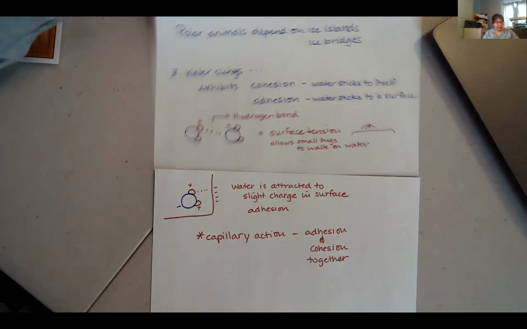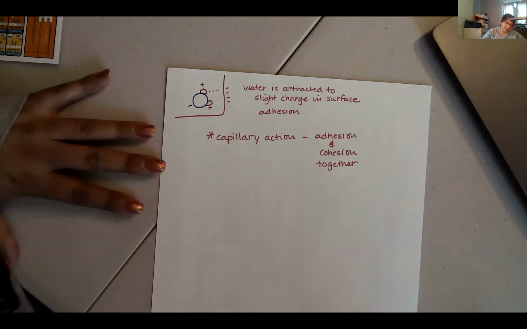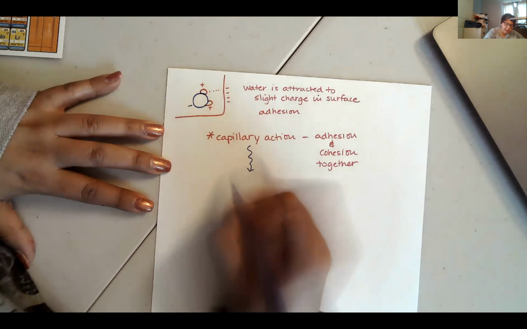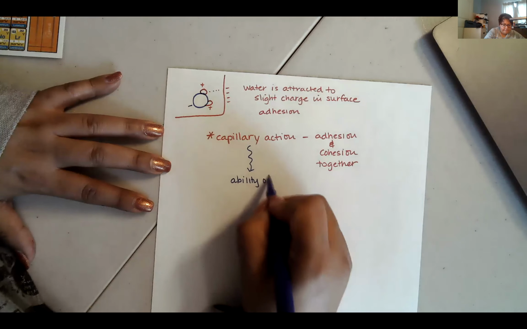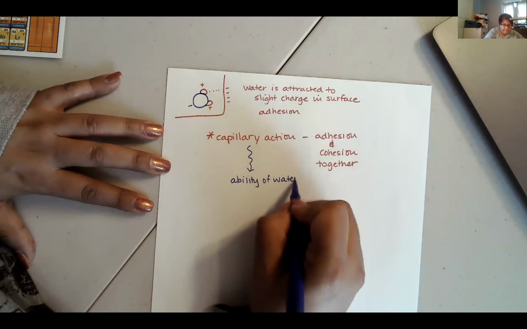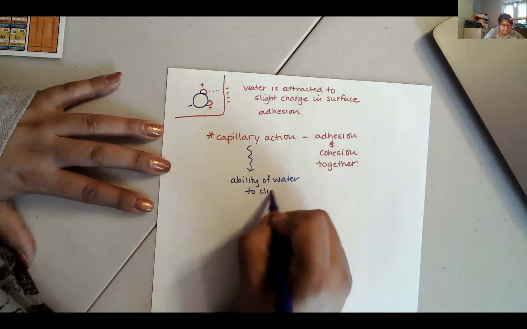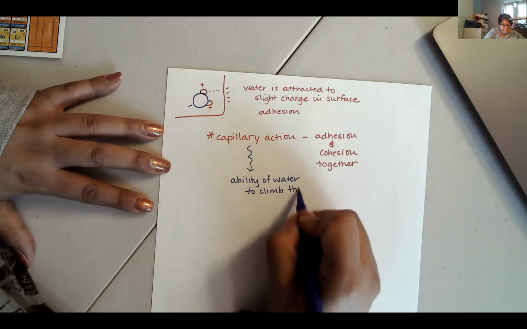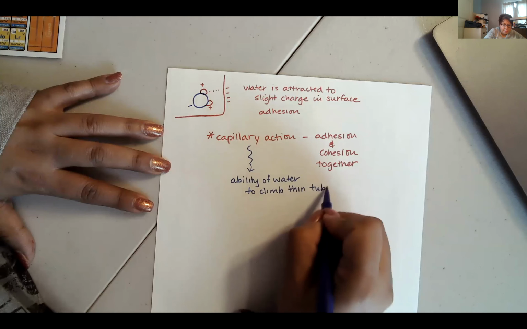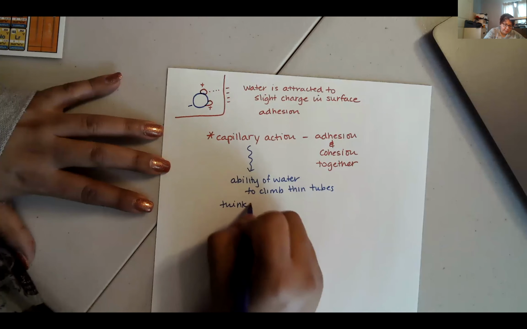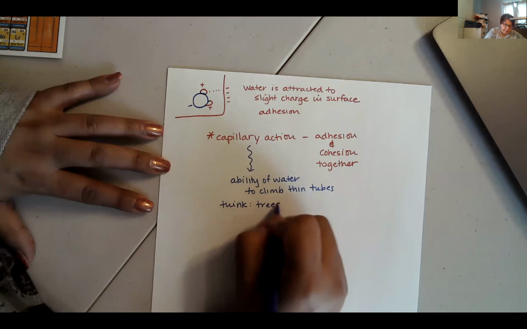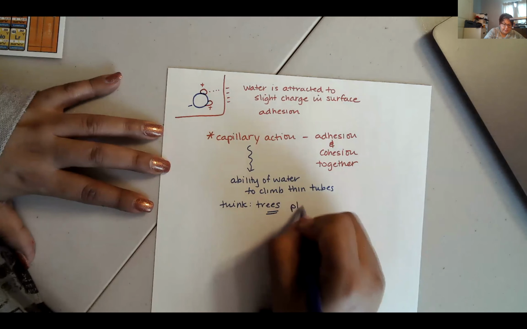Capillary action is the ability to climb thin tubes. This is especially important for things like trees and other plants.